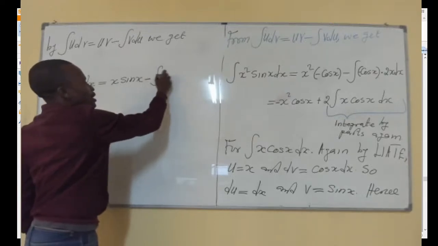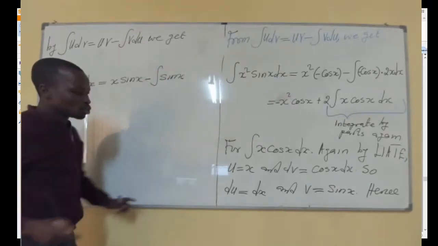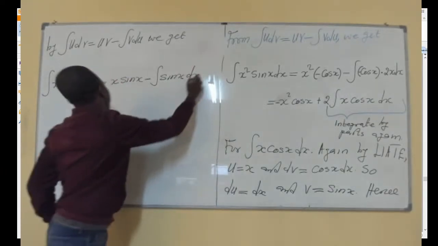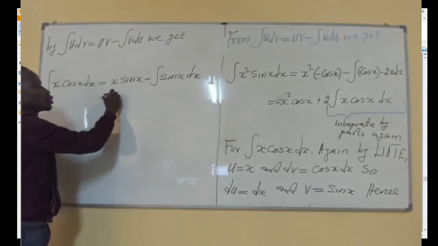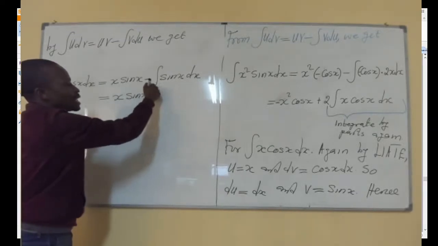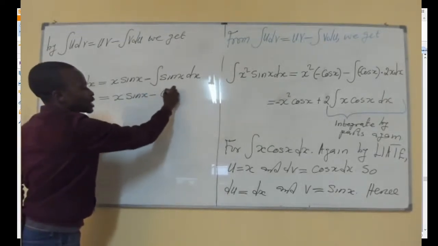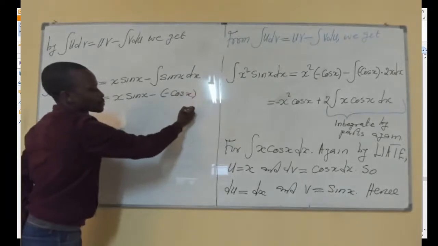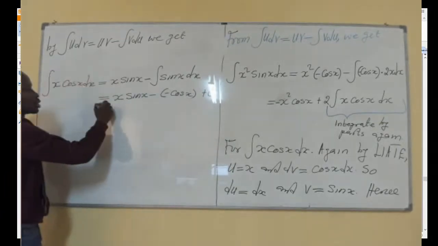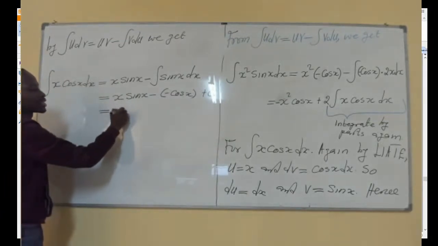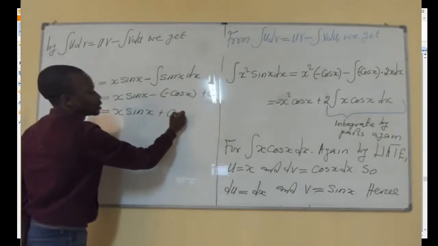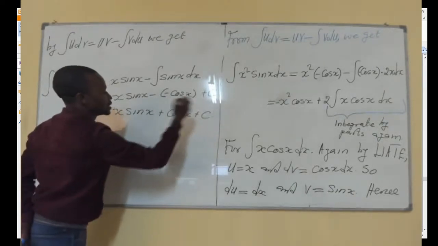What is our new du? Our du is equal to dx. When we simplify this, we get x sine x minus the integral of sine x, which is the negative of cos x, plus c. Simplifying, we get x sine x plus the cosine of x plus c.